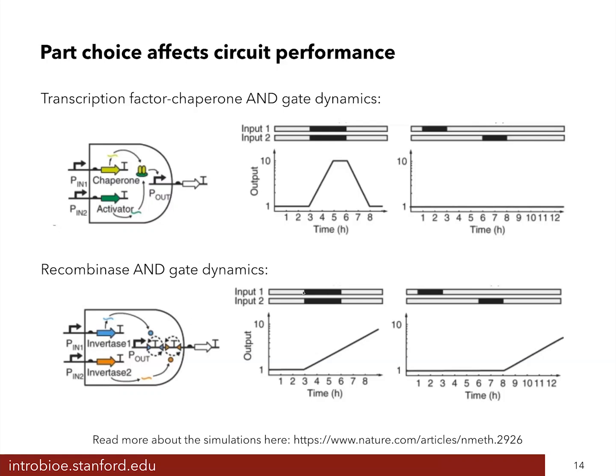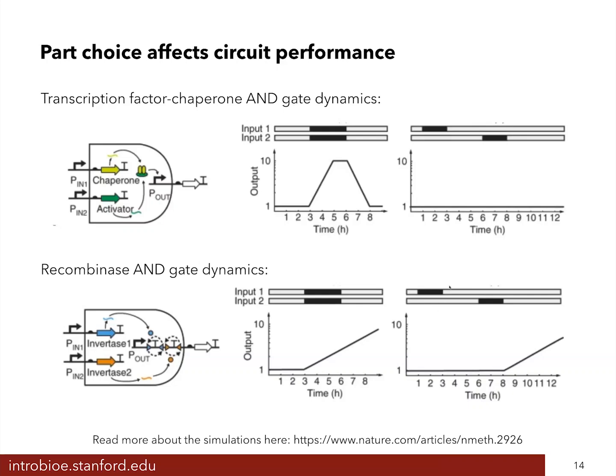So if you have both promoter 1 and promoter 2 triggered at the same time, and you start expressing both recombinases at the same time, you will get expression of your output gene slowly turning on as these recombinases catalyze this inversion.